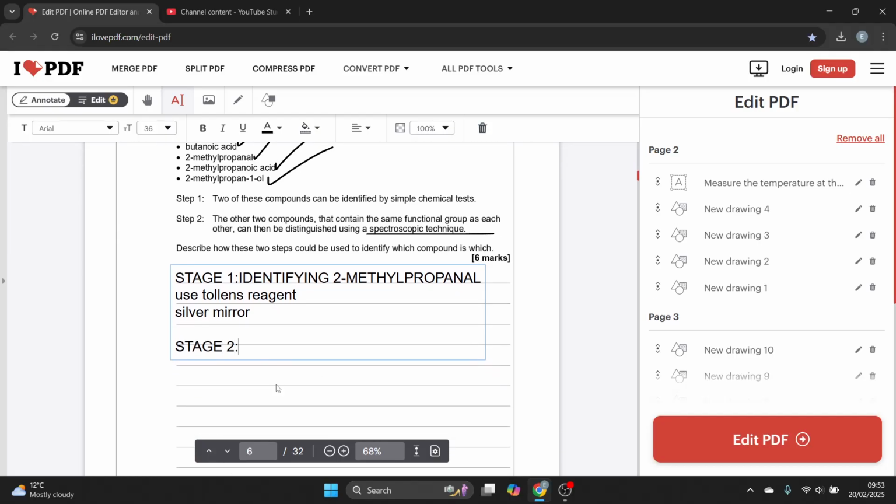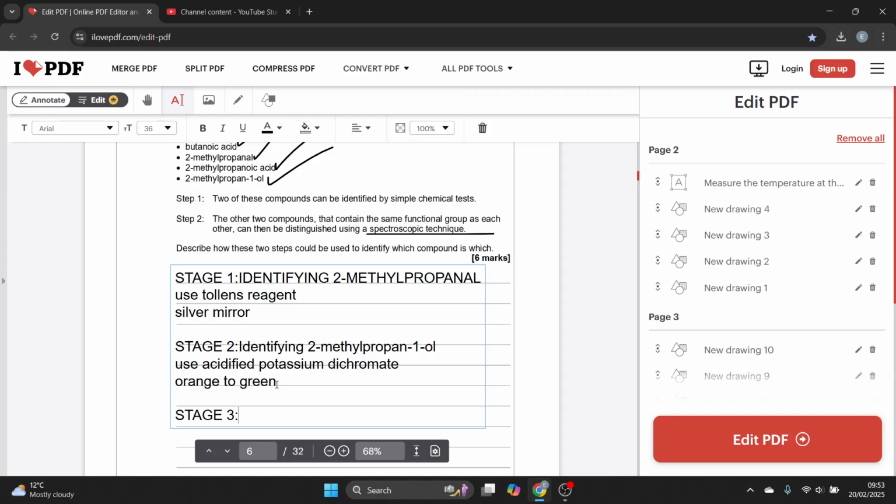Stage 2, the alcohol, so identifying 2-methylpropanol, acidified potassium dichromate, orange to green.